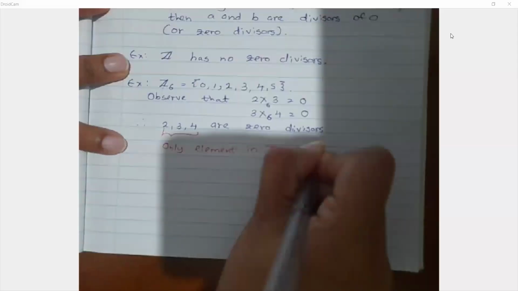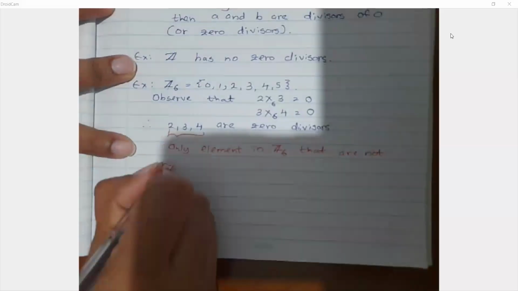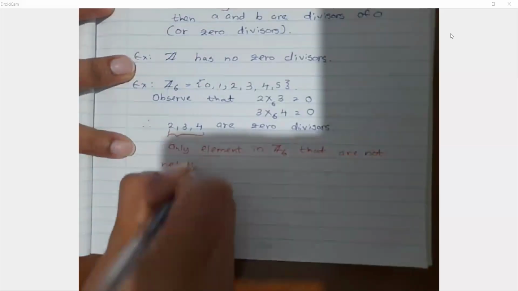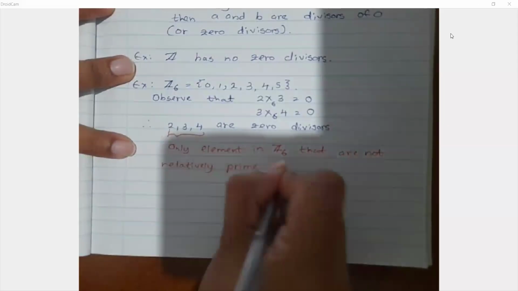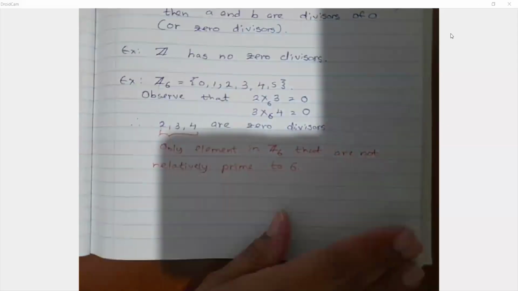But first, let me note down: these are the only elements in Z6 that are not relatively prime to 6. Now we write it as a theorem for this specific ring Zn.